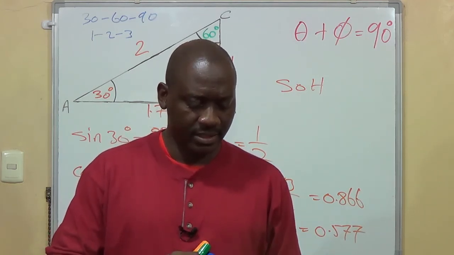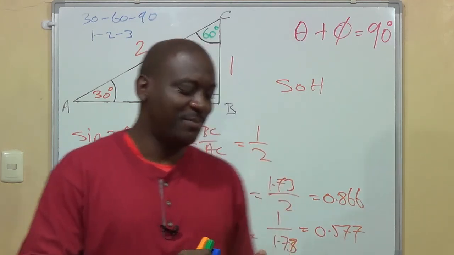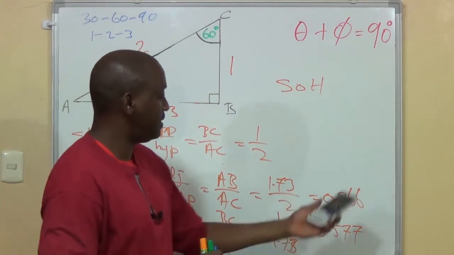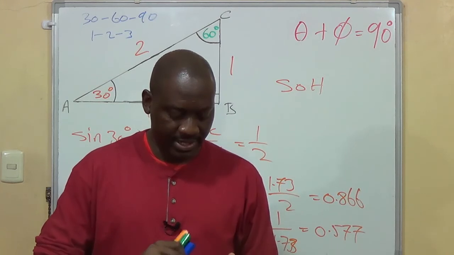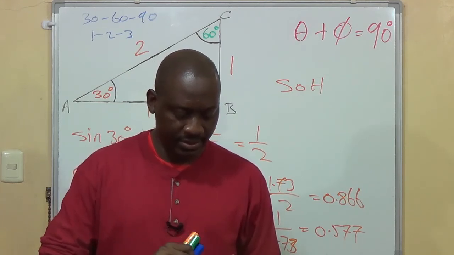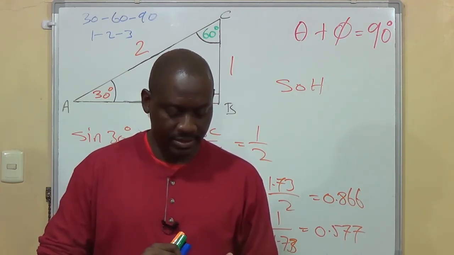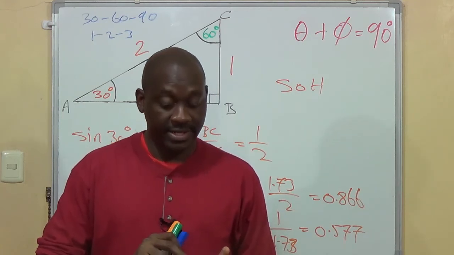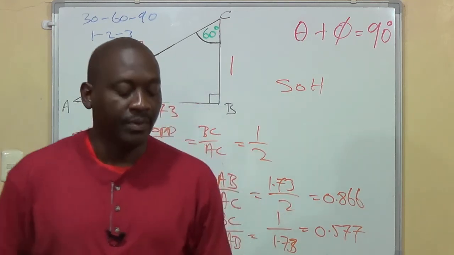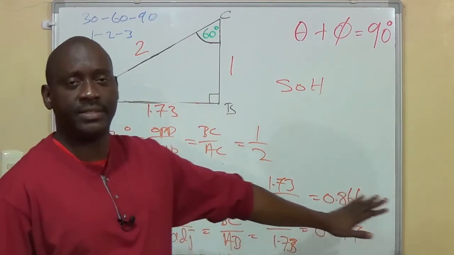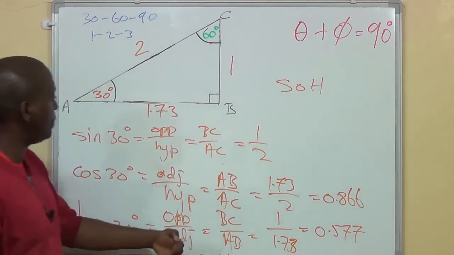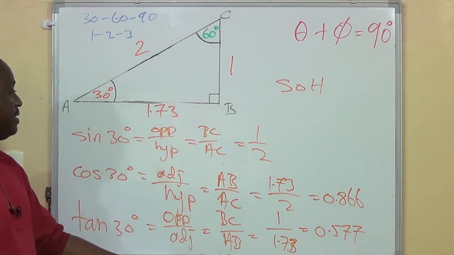Well, it's 0.577, but something after the 7. So let me do the full thing. 1 divided by the square root of 3 is equal to 0.5773. Yeah, and that is what I know. So 0.577 to 3 significant figures, end of discussion. So this is what happens in the case of 30 degrees.